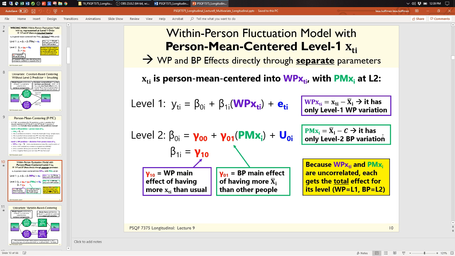The level 2 effect of person mean X, which has only level 2 between person variance, can only be the effect of having more X on average than other people. So each has its own kind of variance, each has its own effect in the model, each effect explains a distinct source of outcome variance, and all is good.